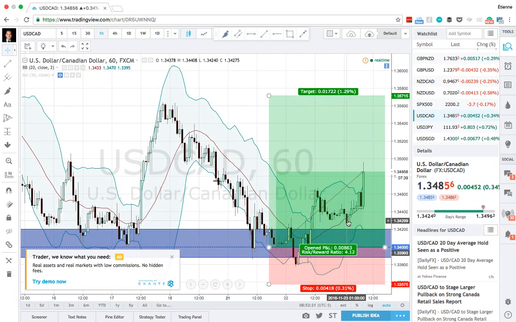What I want to highlight here is that whenever you take trades like this on multi-time frame, it's really important for you to lock in some profit, because those trades can be not so reliable. Because you're trading multi-time frame, a signal on a 5-minute chart or a 6-minute chart is not as reliable as a signal on a daily chart.